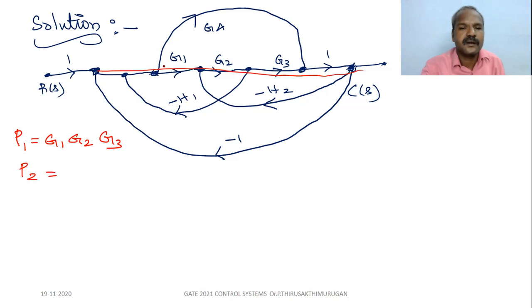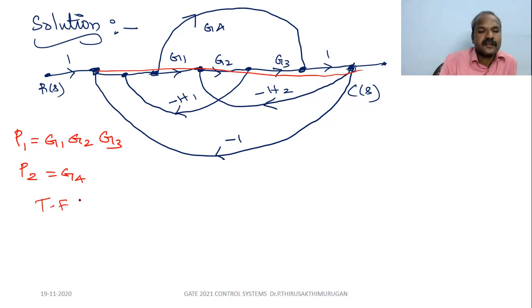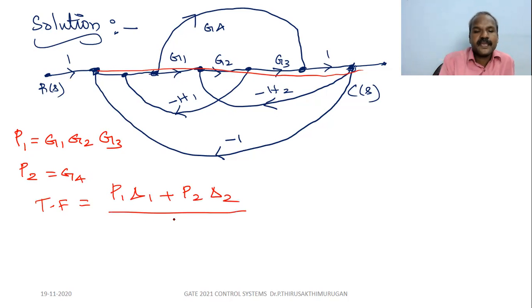Through G4, that's all. So only two forward paths. So what is the transfer function? The transfer function required for this signal flow graph is P1 del 1 plus P2 del 2, divided by delta. So what is delta?